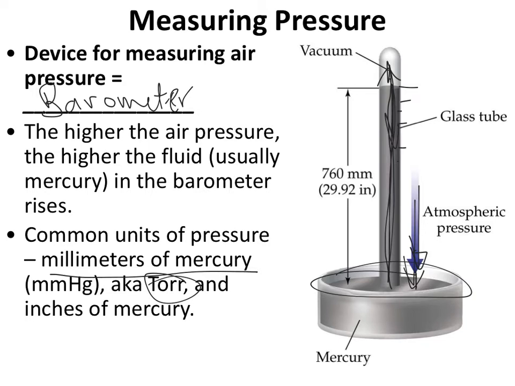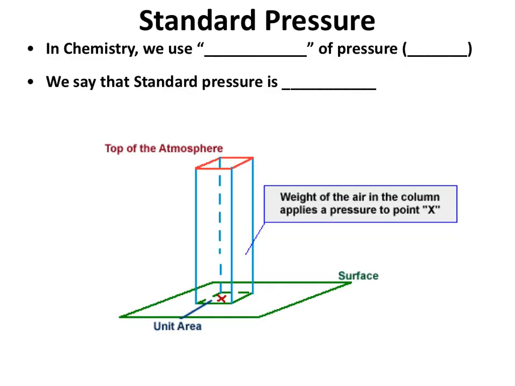You might see around old-timey barometers that will indicate, based off of the air pressure, what the weather is going to be looking like that day. So in chemistry, while we measure air pressure in millimeters of mercury, we actually talk about it in atmospheres.